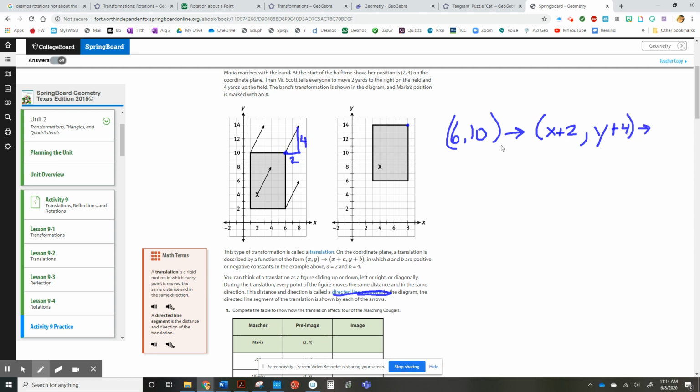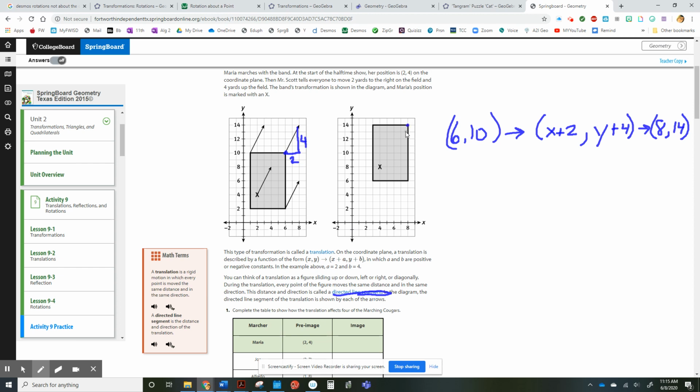Okay, and then that's going to get this point right here. 6 plus 2 is 8, and 10 plus 4 is 14. So that new point right there should be at (8, 14).